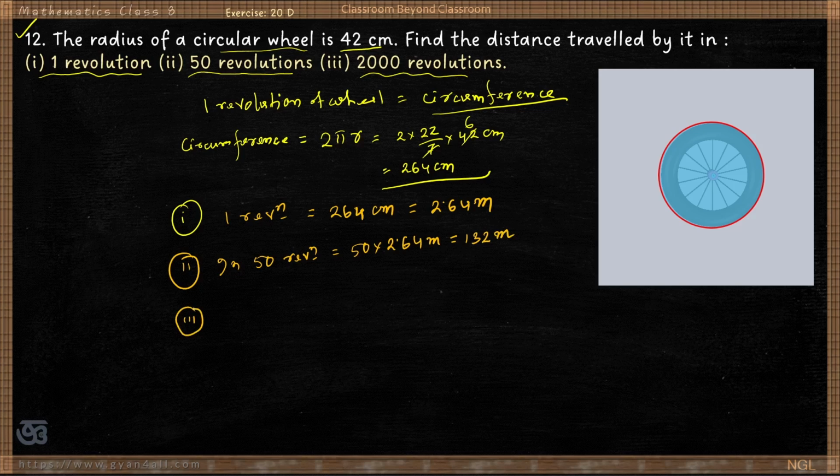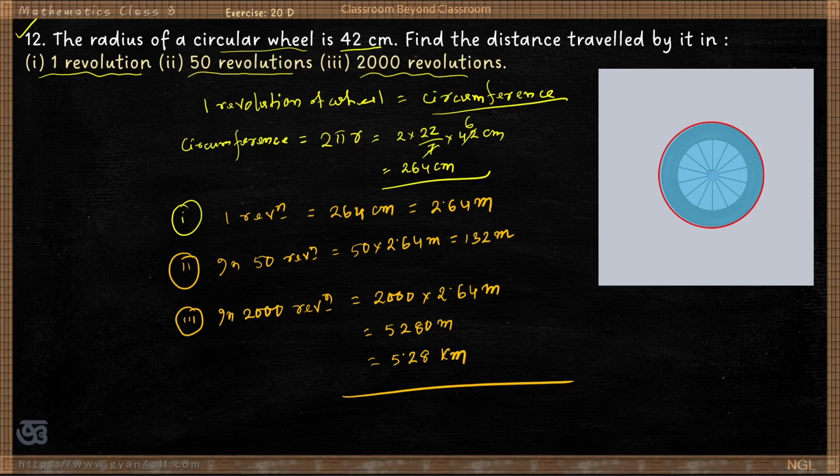And if the number of revolutions is 2000 revolutions, in 2000 revolutions, distance traveled is equal to 2000 multiplied by distance traveled in 1 revolution, that is equal to 2.64 meter, that is 5280 meter. And if you want to express it in kilometer, then divide this by 1000. So this is 5.28 kilometer in 2000 revolutions of the circular wheel.